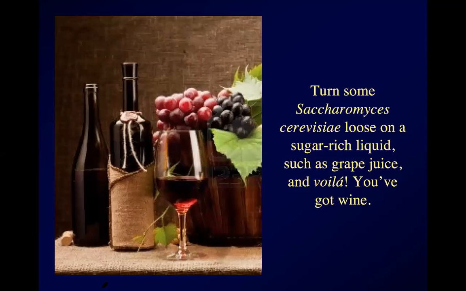If it's a still wine, they ferment it into ethyl alcohol and carbon dioxide gas. If you let the carbon dioxide escape, you've got a still wine. If you trap the carbon dioxide gas using a special bottling method, you've got champagne, or asti spumante, or other forms of sparkling wine.